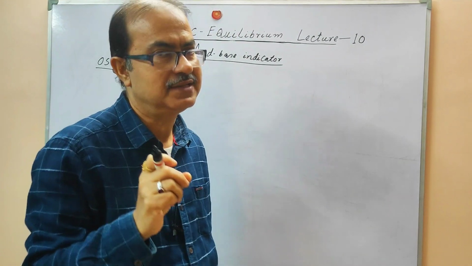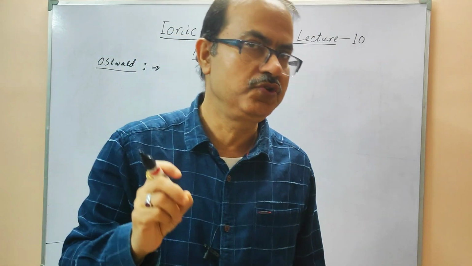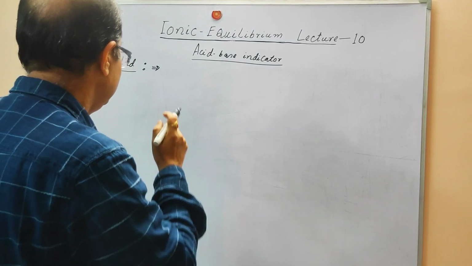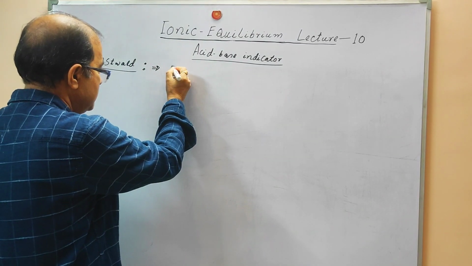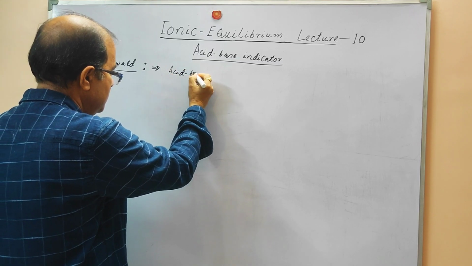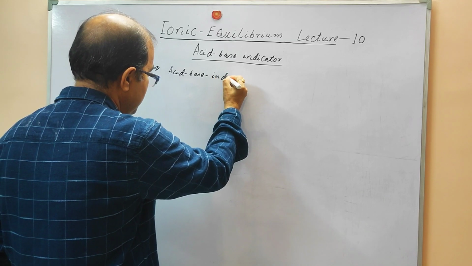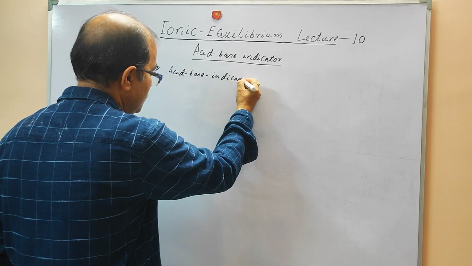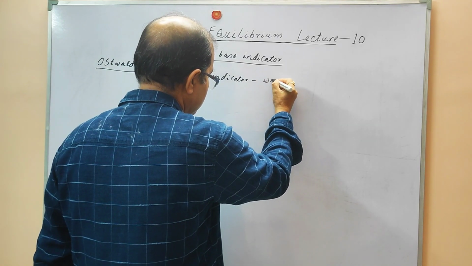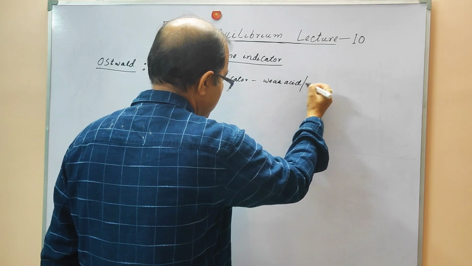We are not going to understand this structure. We just want to know how the indicator is going to display the color, and how they change the color. So we can say acid-base indicators are weak acids and weak bases of complex molecules.